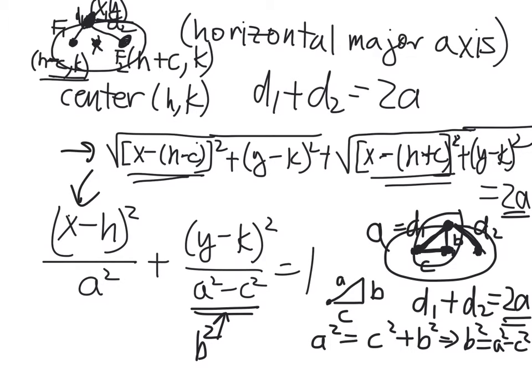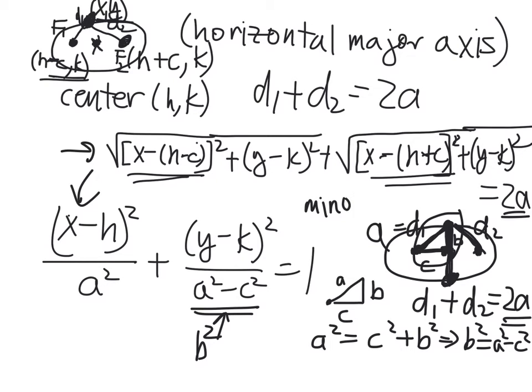One thing I also want to reiterate: b represents an important part of the ellipse, and we said 2a represents the major axis. We can now say 2b is the minor axis.